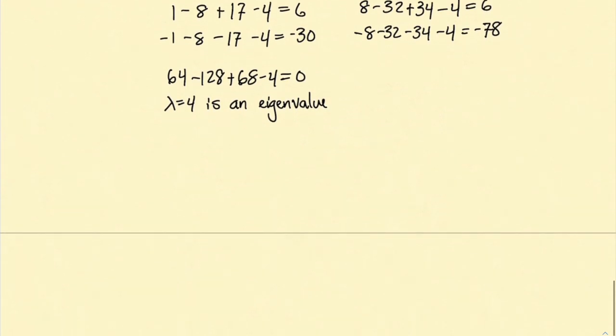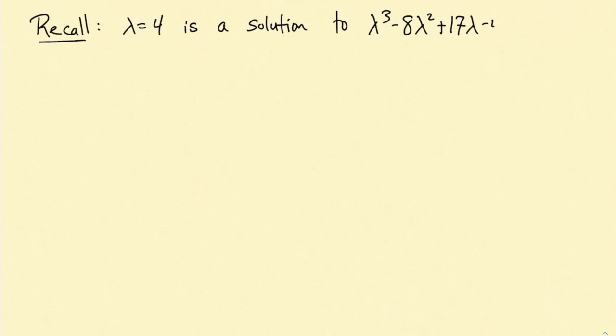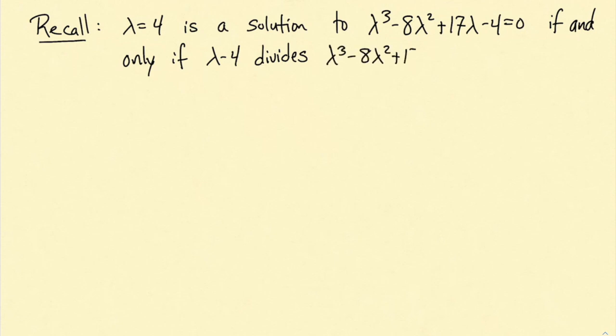So to get the other 2 eigenvalues, we remember that lambda equals 4 is a solution to the characteristic equation if and only if lambda minus 4 divides the characteristic polynomial. So to see how lambda minus 4 divides the characteristic polynomial, we carry out polynomial long division.